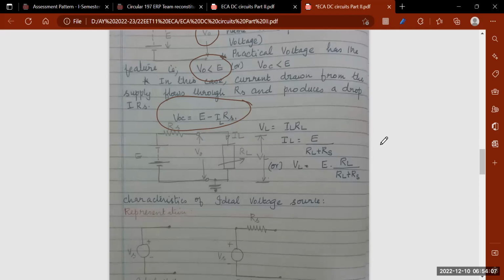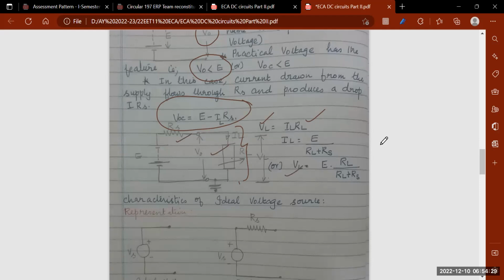And if you connect a load to this particular practical voltage source, VL is the voltage across the load terminal, which is given by IL into RL. My IL is equal to E divided by the total resistance, RL plus RS.